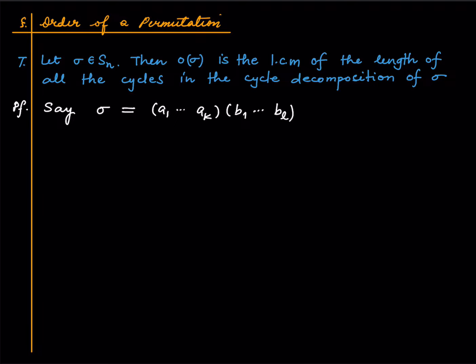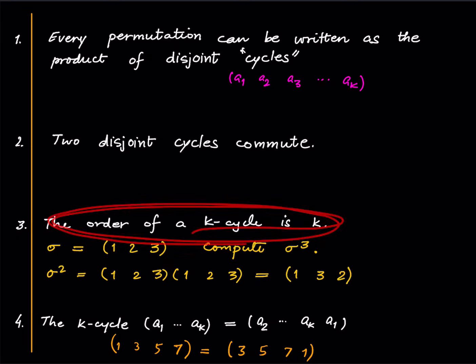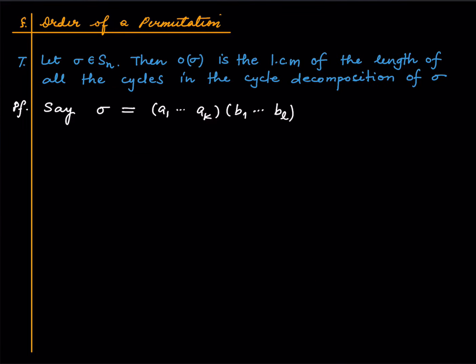I will do the proof in this case, and the more general case where you could have even more cycles is very, very similar, so I won't do that. Before I go ahead, note that if sigma had only one cycle, then it is saying that the order of sigma is just the length of that one cycle, which is already this statement. If there were only one cycle, we have already seen that this statement is true.